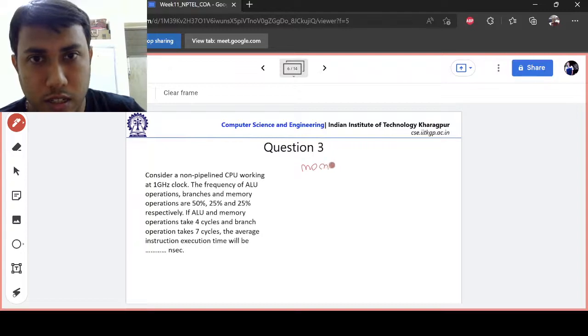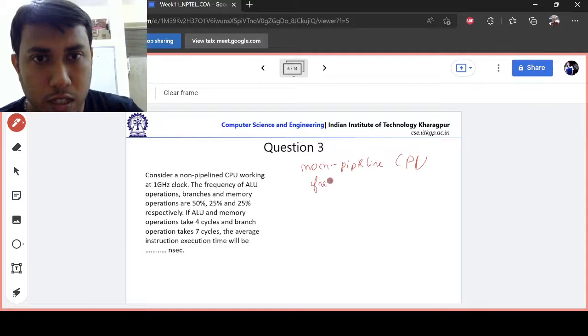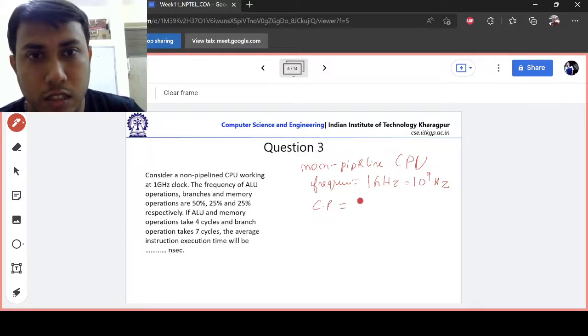So it is given, it is a non-pipeline CPU, the frequency is 1 gigahertz, that is 10 to the power 9 hertz. Now what is the clock period?